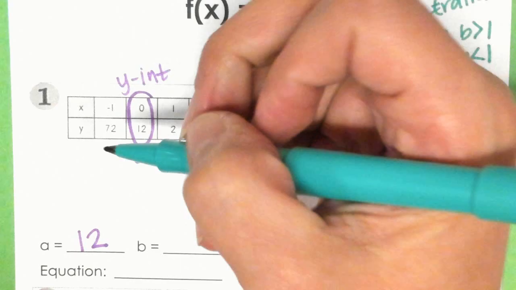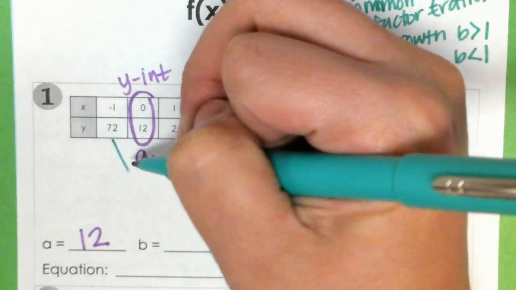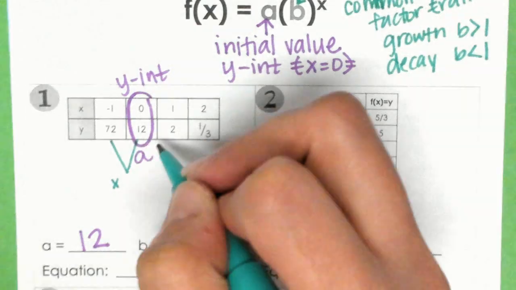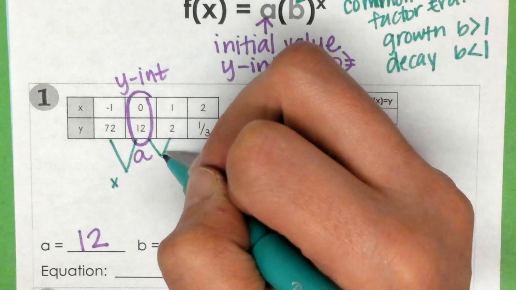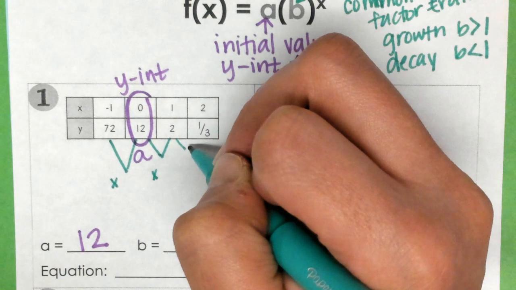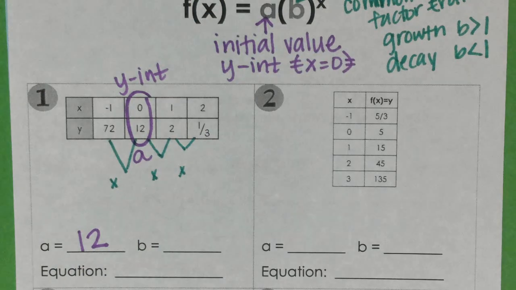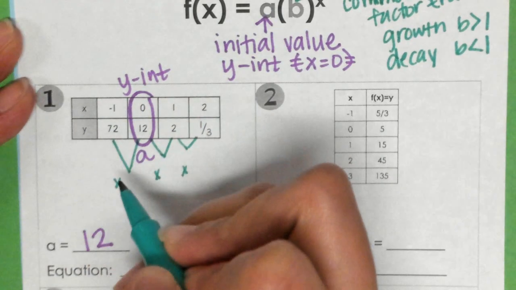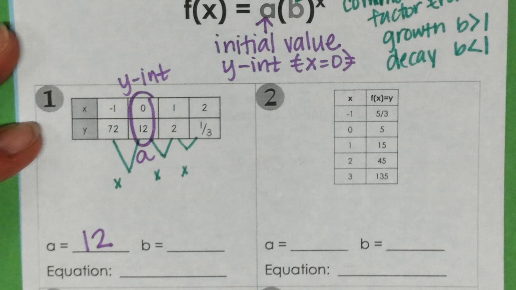You have to think about from 72 to 12, what did you multiply by to get from one to the other? From 12 to 2, what did you multiply by? And then 2 to 1/3, what did you multiply by? You can find this out by finding the common ratio. You're going to go backwards.